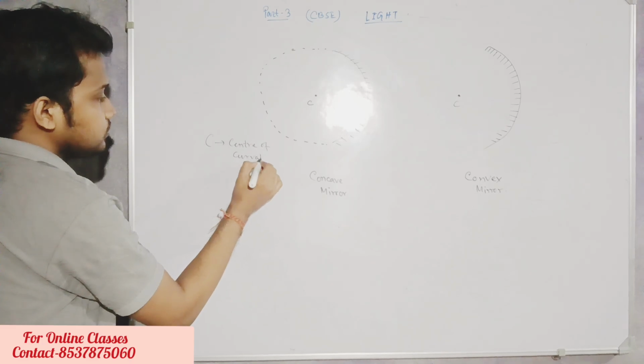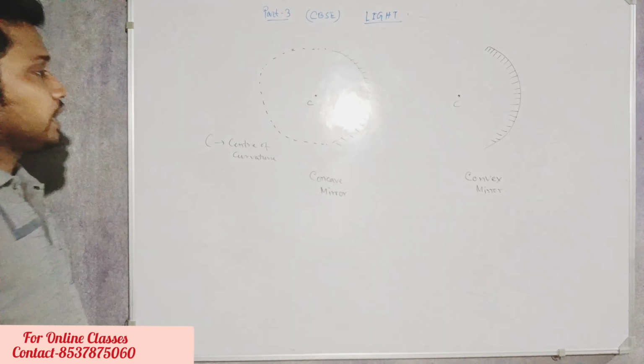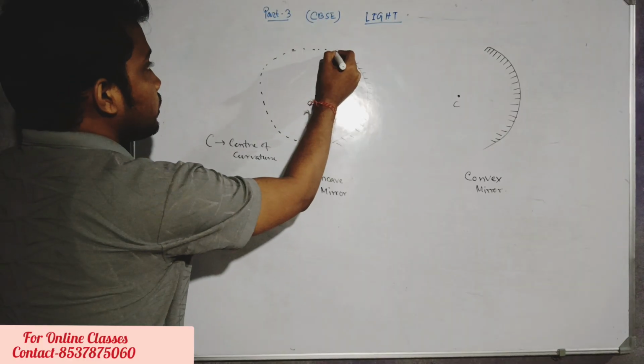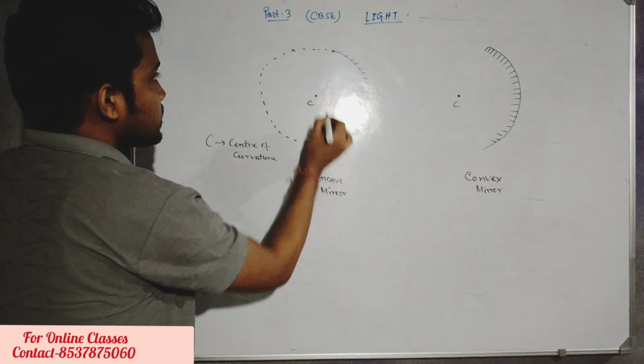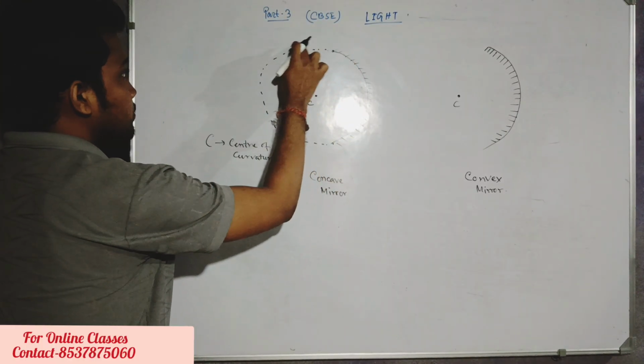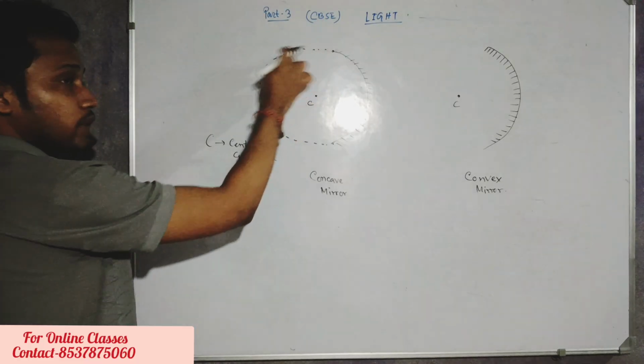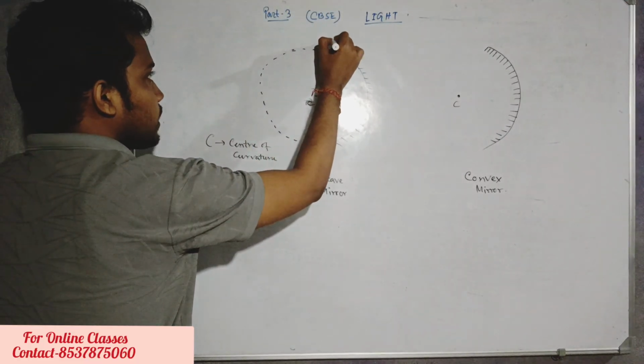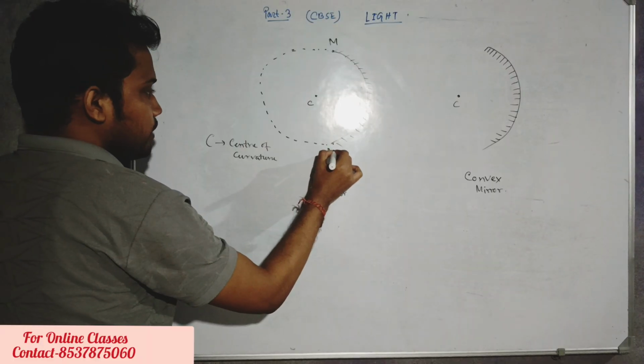Now we have to know about the mirror. This one is basically the mirror, that one is an imaginary line. That is why I have taken that as dotted. Now take this one as M, this one as M dash.